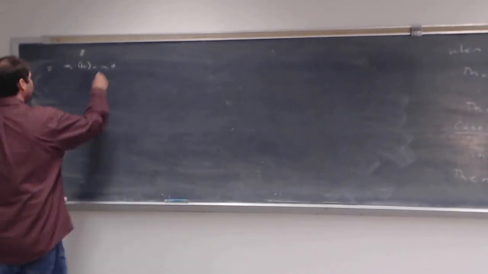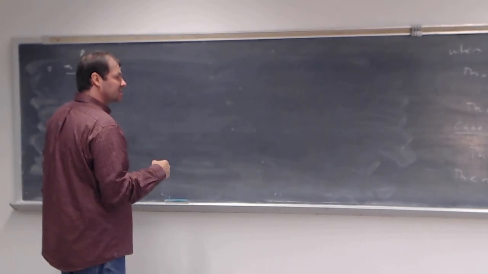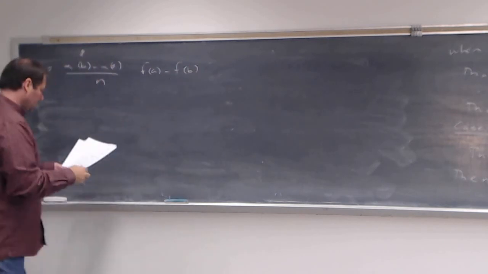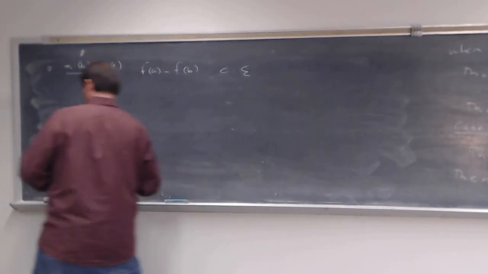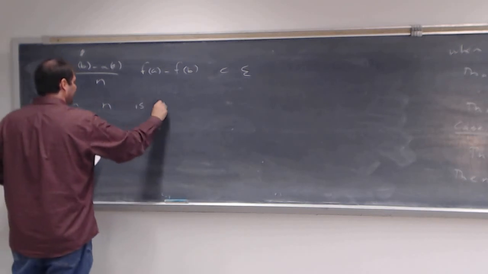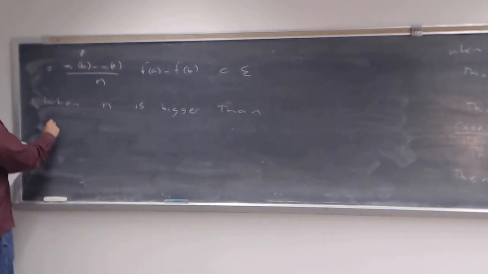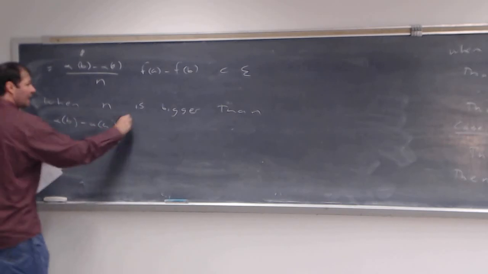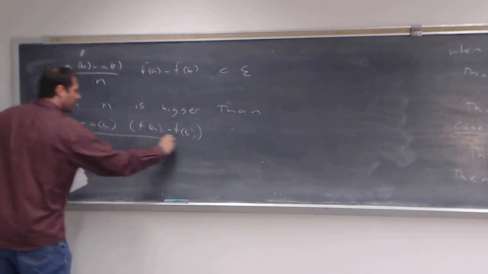Okay, so we have alpha of B minus alpha of A over N, and then the sum that we had previously, there's a lot of cancellations going to happen, but this is going to be F of A minus F of B. And that's going to be less than epsilon when N is bigger than alpha of B minus alpha of A times F of A minus F of B over epsilon.